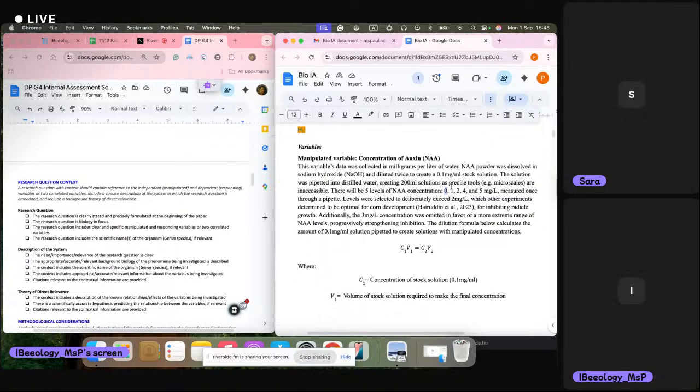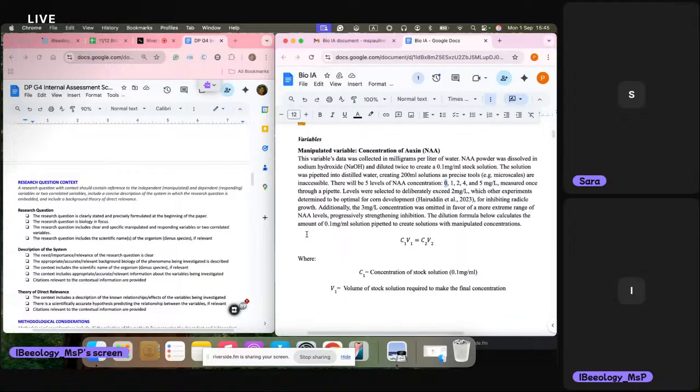0, 1, 2, 4, 5, measured once through a pipette. And then levels were selected to deliberately exceed 2 milligrams. So that's the 4 and 5. Which other experiments determined to be optimal for corn development? Which other experiments determined? Okay, think about this, because it's giving me doubt.